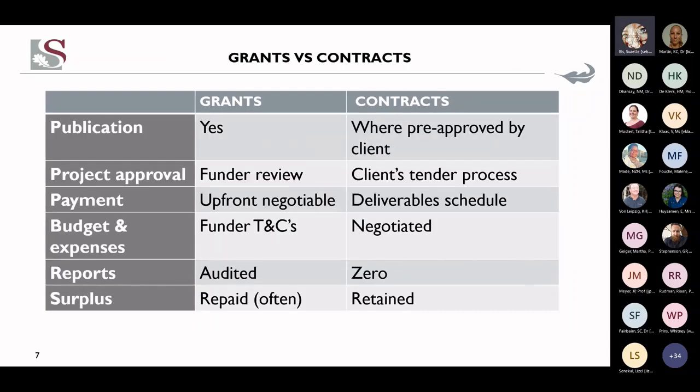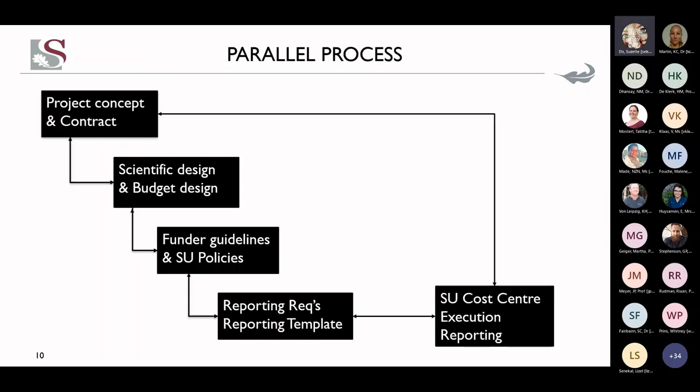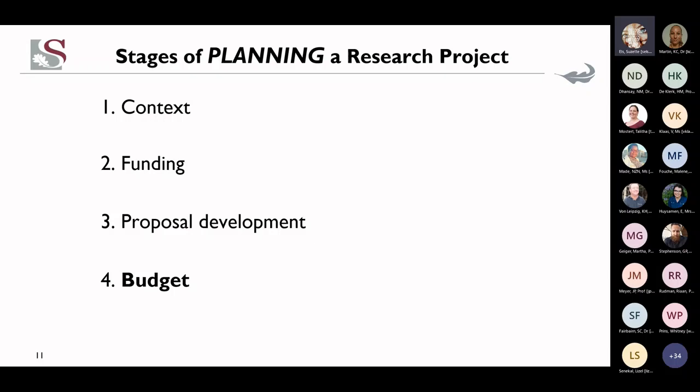In the various stages of planning a research project, you start with what you think you want to do a project about, and then you go out and find some funding. If you do find funding, you do a proposal to a funder, and together with that proposal normally goes the proper budget.